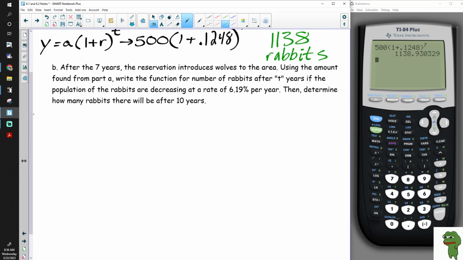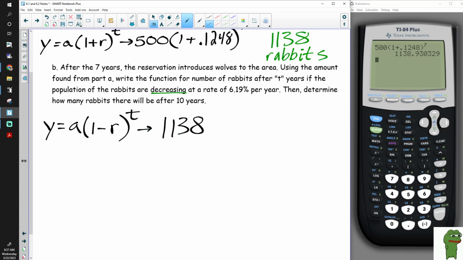That population of rabbits is going to start going down. Look, it says it, decreasing. We are using y equals a times 1 minus r to the power of t. This is after the 7 years have passed. So right now, we have 1,138 rabbits.